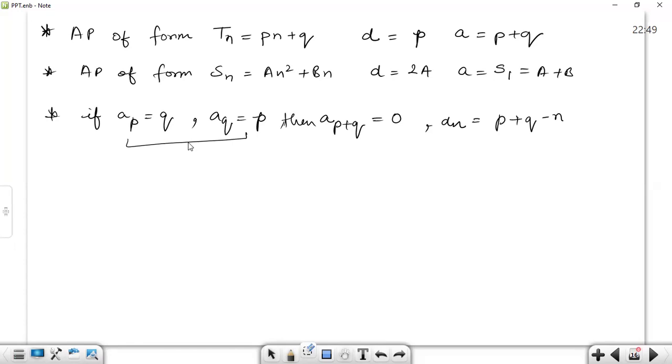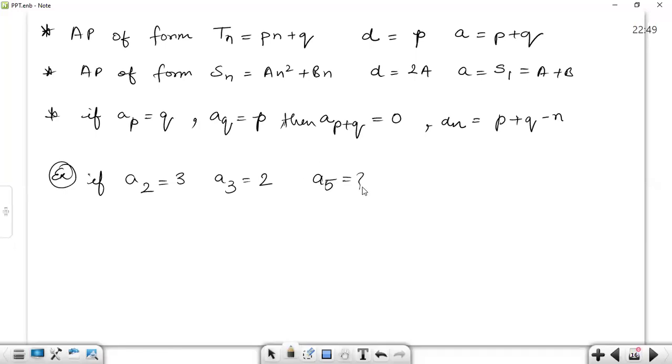So there is one question. If the second term is equal to 3 and the third term is equal to 2, then what is A5 and what is A10? Tell me. Given that this sequence is an AP.